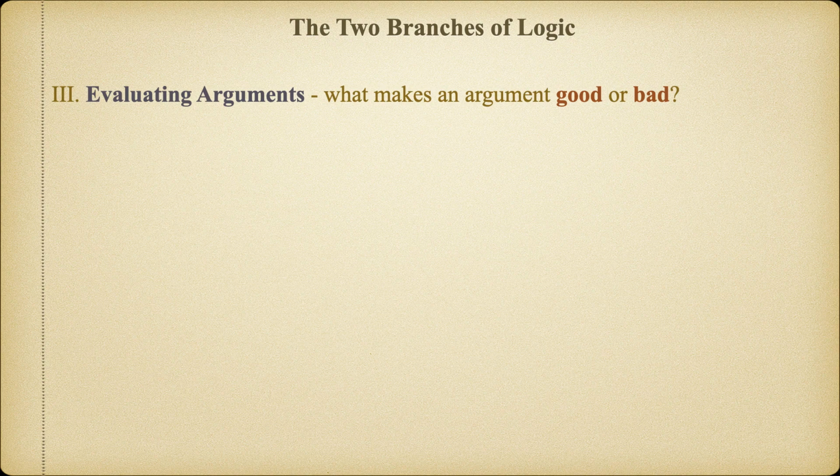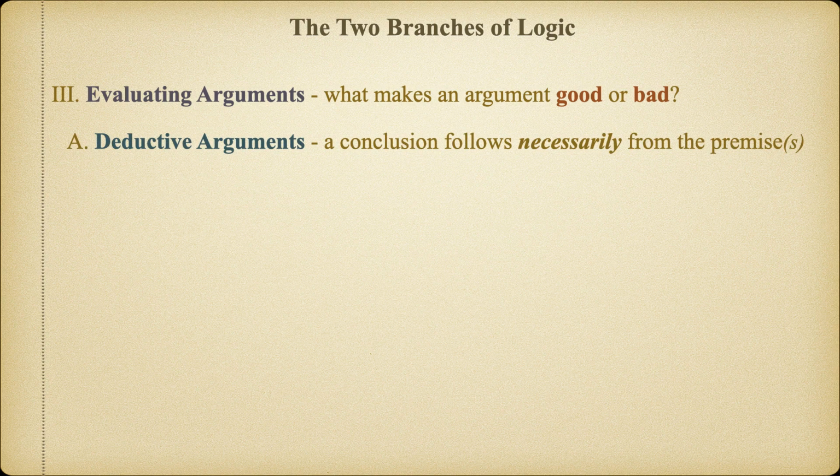We'll introduce more technical terms for failing arguments later on. In the case of deductive arguments, it's simply a matter of whether or not they follow the rules of the particular game involved. There's one set of rules for Aristotelian arguments, there's another for propositional logic, yet another for predicate logic, and so on. But we haven't had time to learn any of those rules yet. There is, however, another way for us to begin to think about evaluating deductive arguments in the absence of knowing the specific rules.